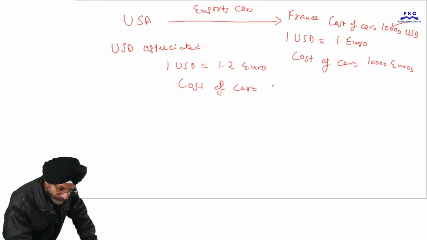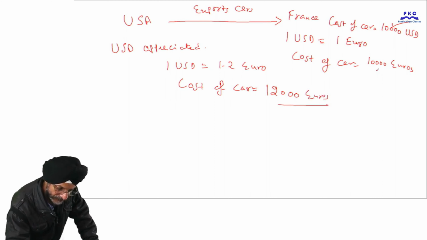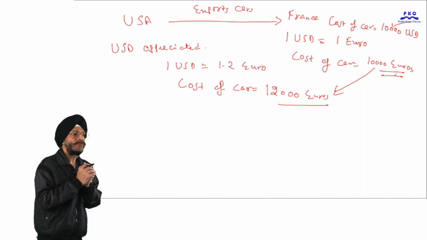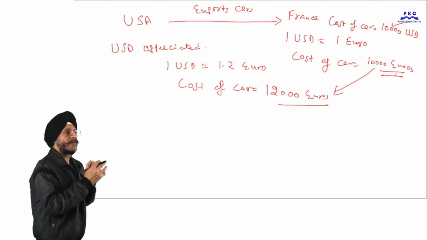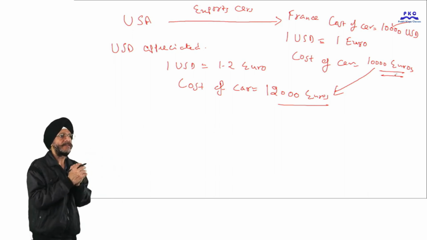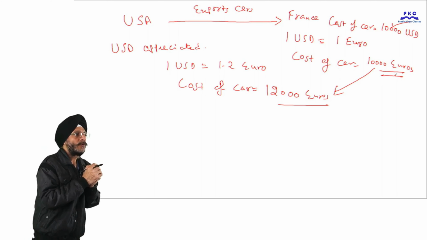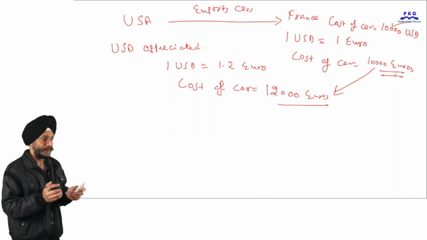Now, after appreciation, they will have to pay 12,000 euros, which earlier they were paying only 10,000 euros. So when the currency of a country has appreciated, the foreigners have to pay more to get things from the appreciating country.